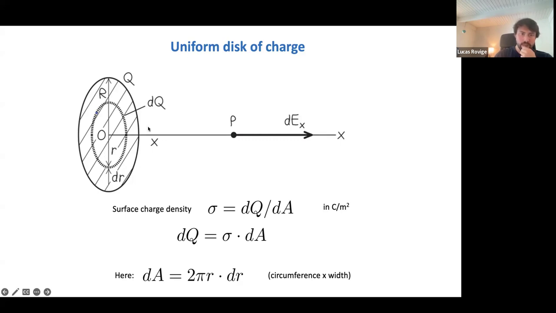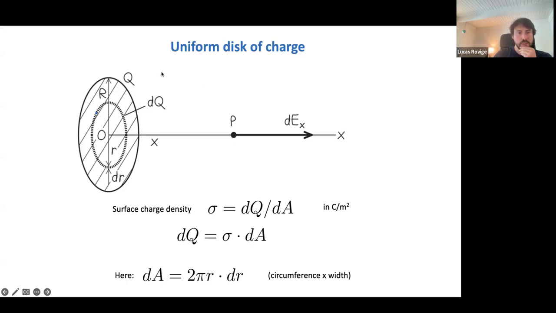So this small ring has a radius r, and this radius will vary during the integration, and it has a small width dr. And because this dr is very small, the total charge in this small ring is also very small.